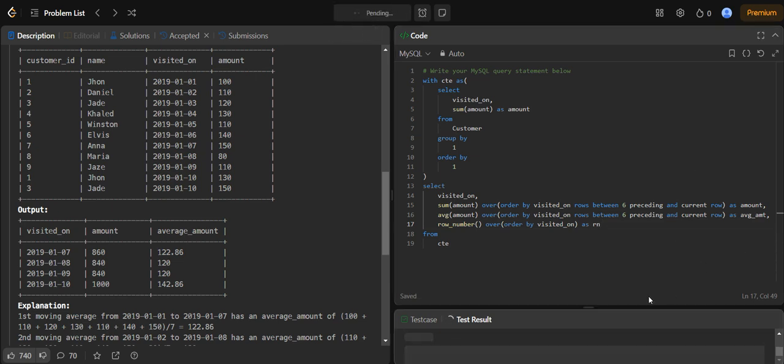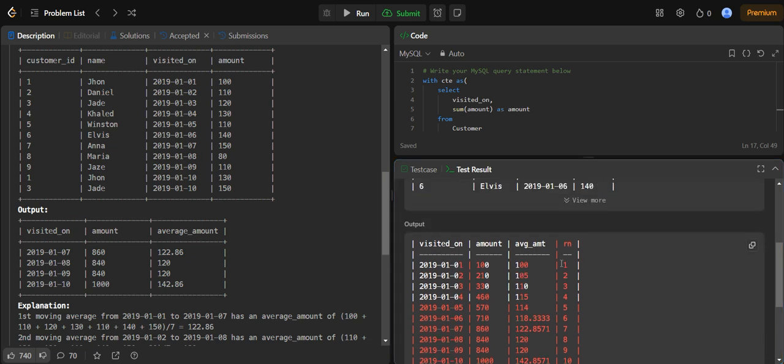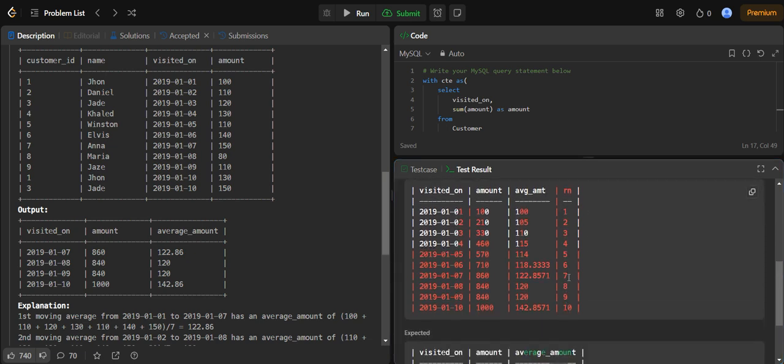If I use a row number, I'll show you the result. See, row numbers 1, 2, 3, 4, 5, 6, 7. So if in my subsequent query I select the rows where row number is greater than or equal to 7, I will get this result and I will not get the earlier rows.